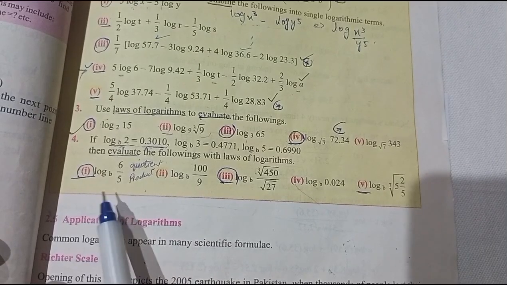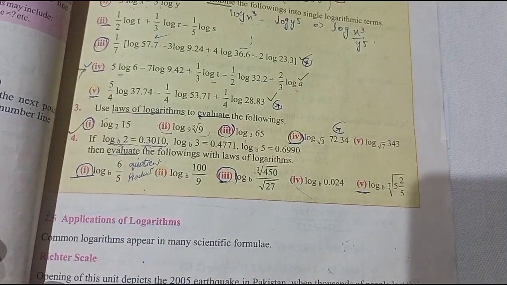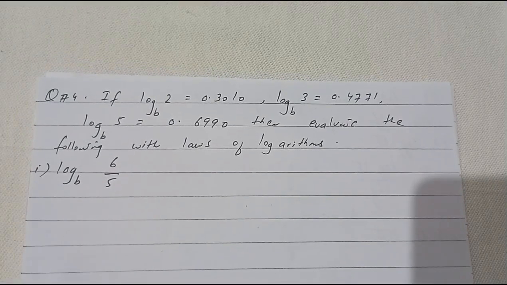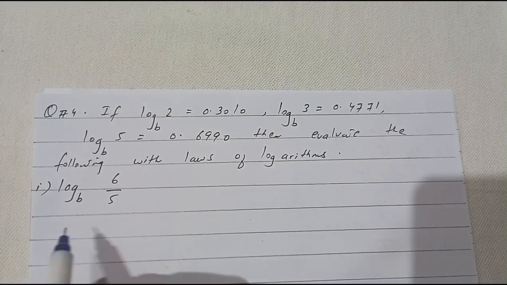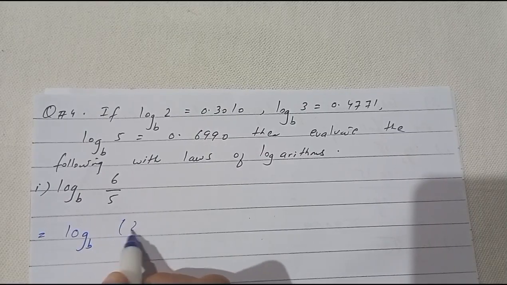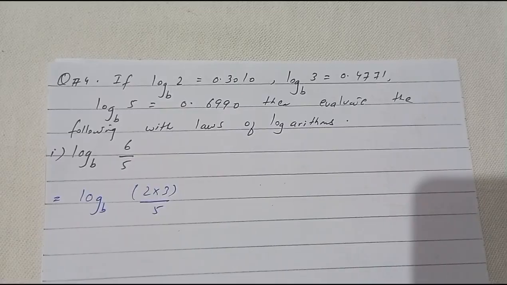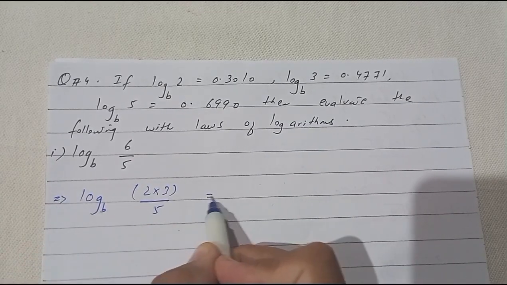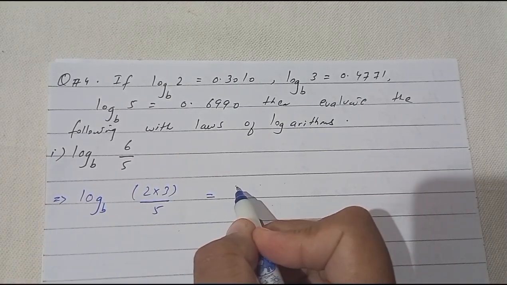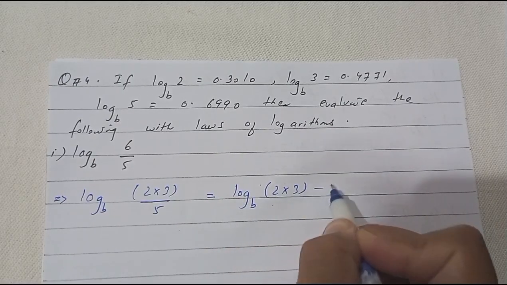The first one is log with base b, argument 6 by 5. So first we write 6 in factorized form, that equals log of b, 2 cross 3 divided by 5, that equals, applying product law and quotient rule, log of 2 multiplied by 3 minus log of 5.